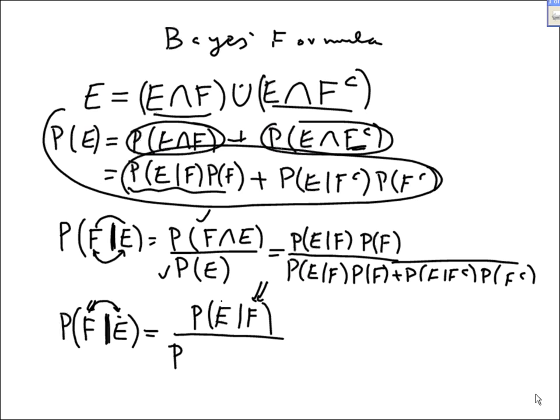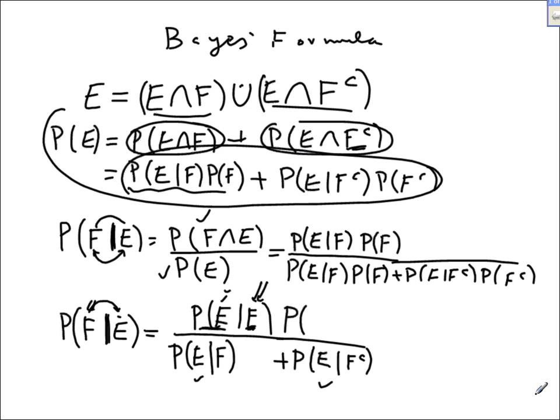So we always write down P of the first one. Given that, in the bottom, we put all the possible outcomes. It can be F, or always keep the first one the same, P of E. Or it can be not F. And for each of these probabilities, this one, and the one on top, we multiply by the probability of the given.